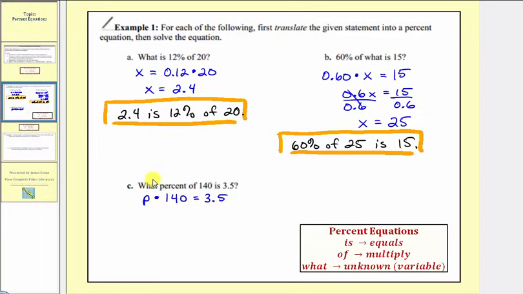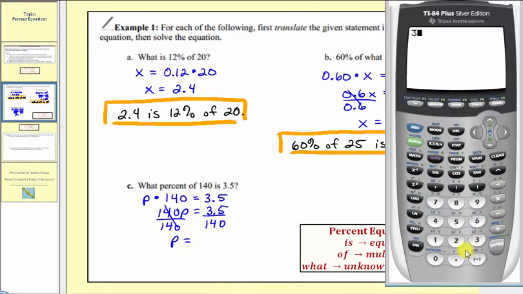Well, p times 140 equals 140p equals 3.5. To solve for p, we'll divide both sides by 140. Simplifying on the left, we have p equals, and now we'll find our quotient, which will give us a decimal value of our percent. So 3.5 divided by 140 is equal to 0.025.